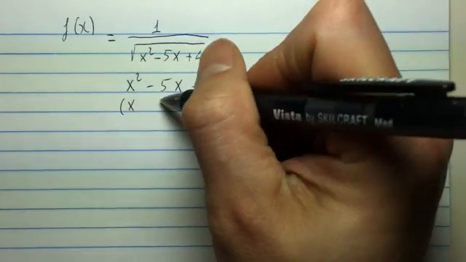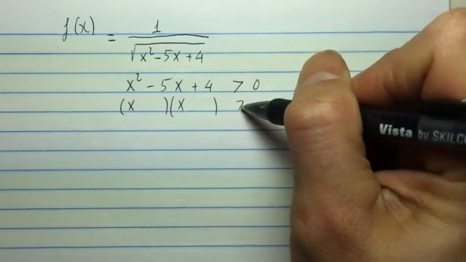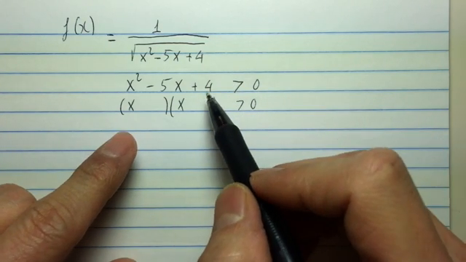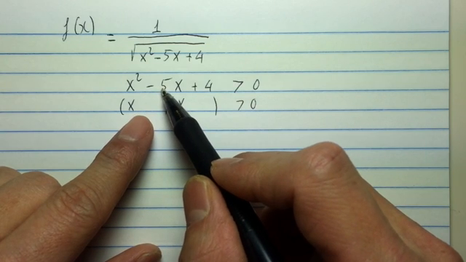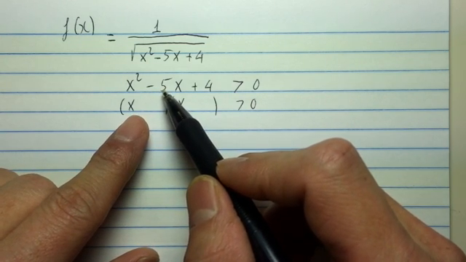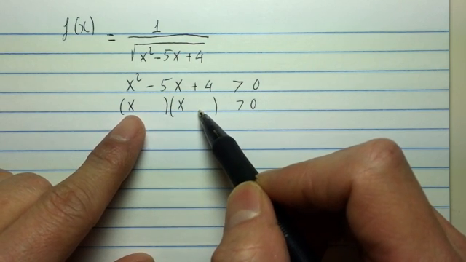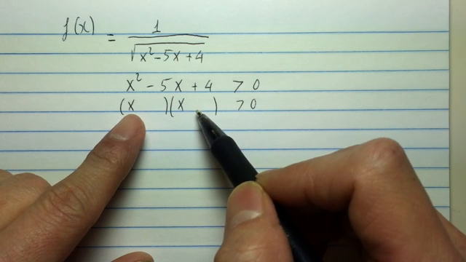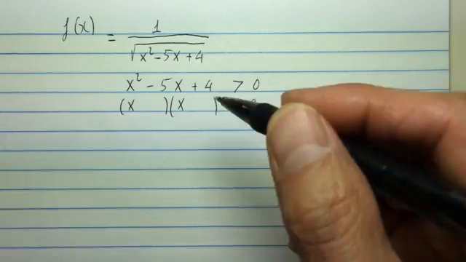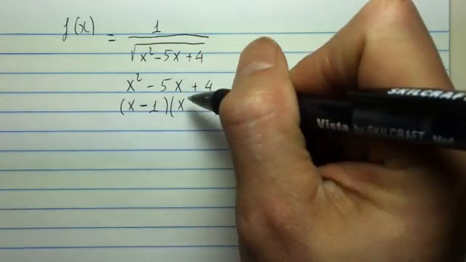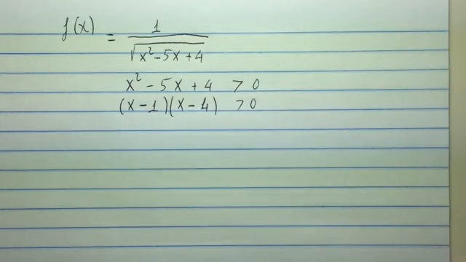So we know the product: (x plus any number) times (x plus any number) greater than 0. We know the product of both numbers equals 4 and the sum equals minus 5. So I guess the numbers are minus 1 and minus 4, because minus 1 times minus 4 equals 4 and minus 1 plus minus 4 equals minus 5.